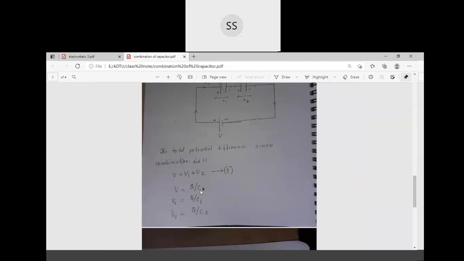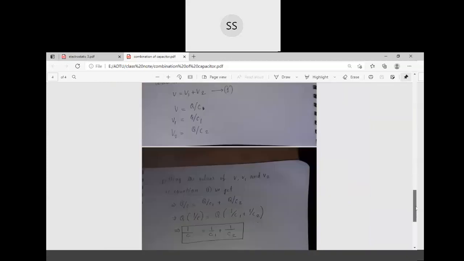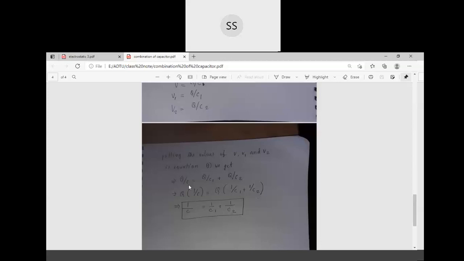So, when we put all these values in equation 1, we get Q by C equal to Q by C1 plus Q by C2. So from both sides we can cancel out the value of Q, and we get the equation 1 by C equal to 1 by C1 plus 1 by C2.